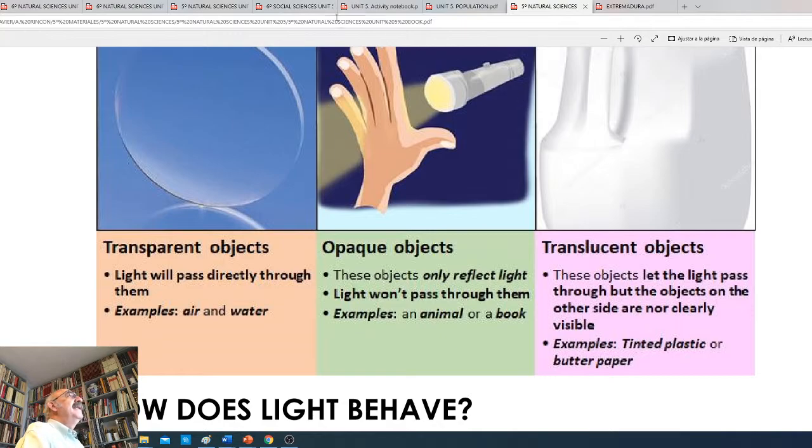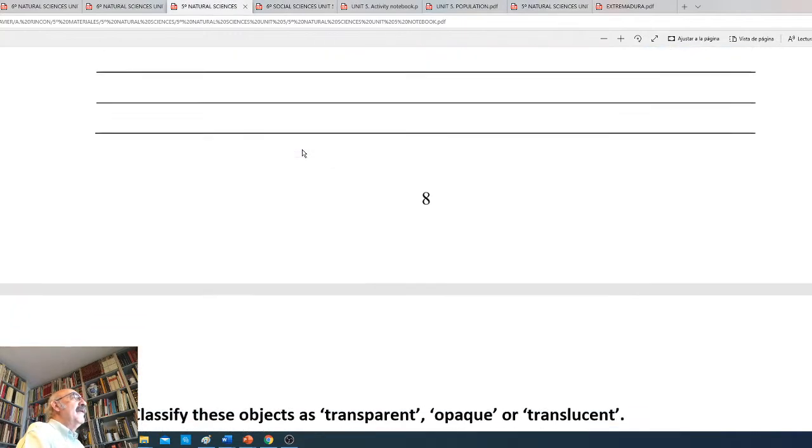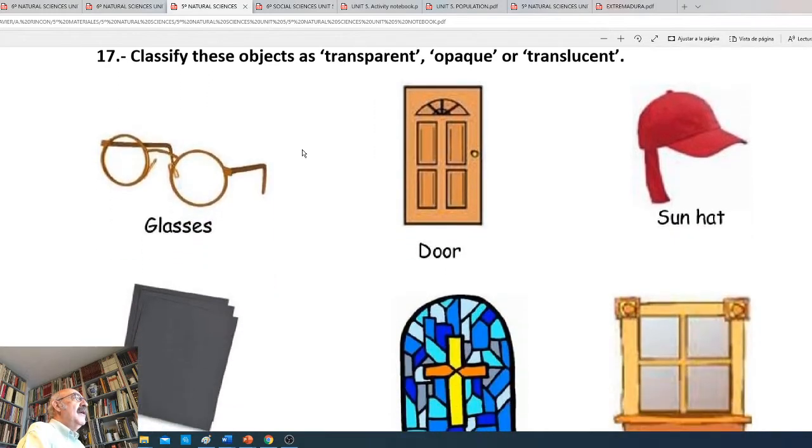And we had another exercise there about this in your exercise section. So exercise 17, and you had to classify these objects as transparent, opaque, or translucent. What do you think about glasses?